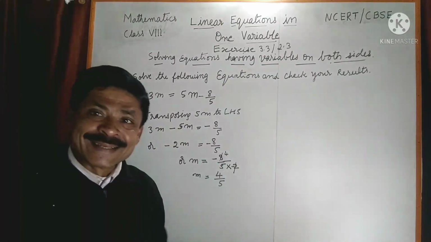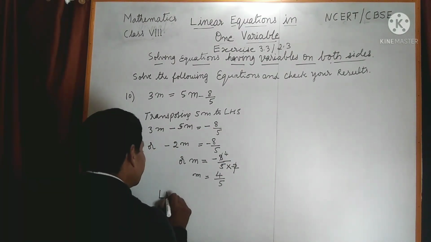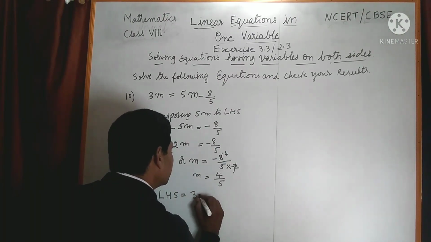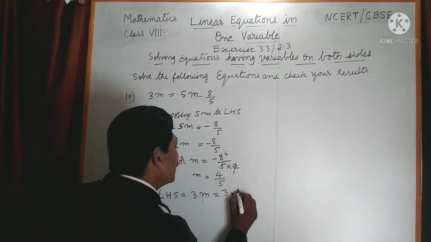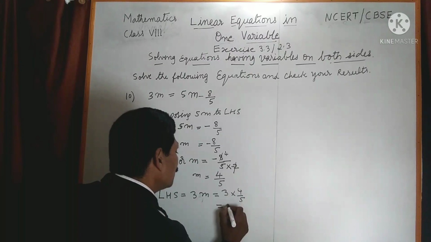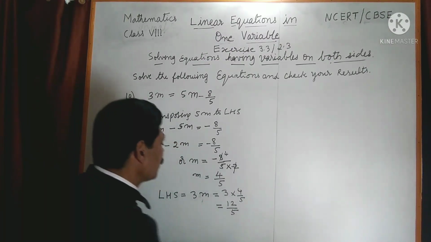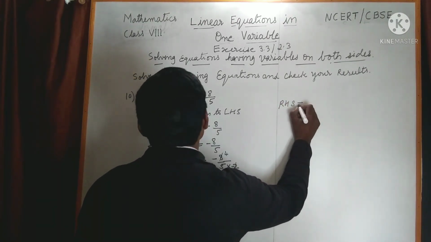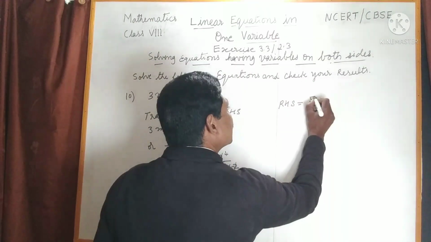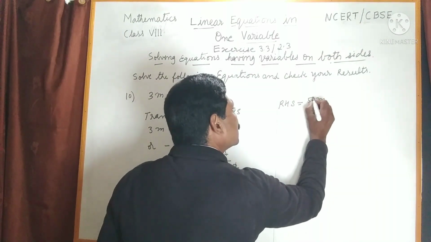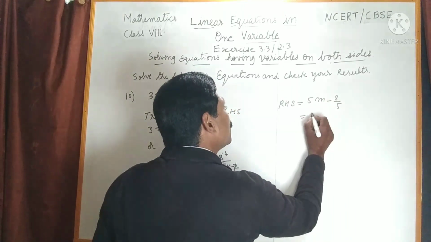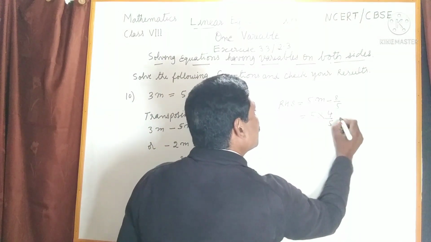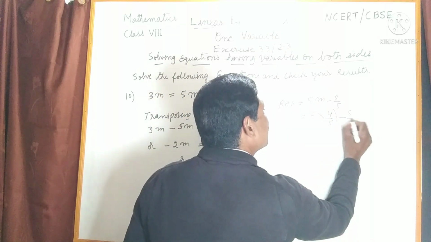Now let us check our result. LHS is equal to 3m, is equal to 3 into 4 by 5, is equal to 12 by 5. And RHS is equal to 5m minus 8 by 5, is equal to 5 into m, which is 4 by 5, minus 8 by 5.